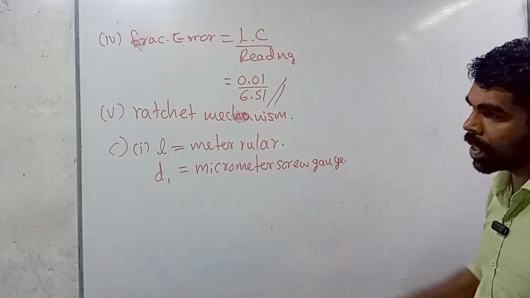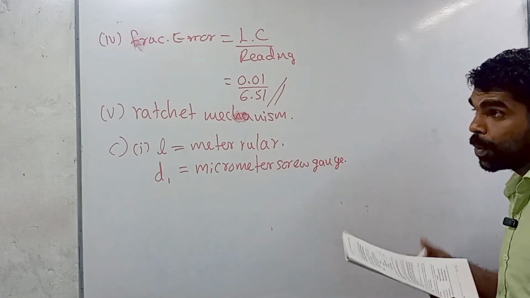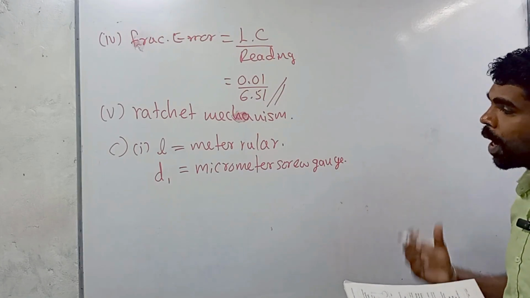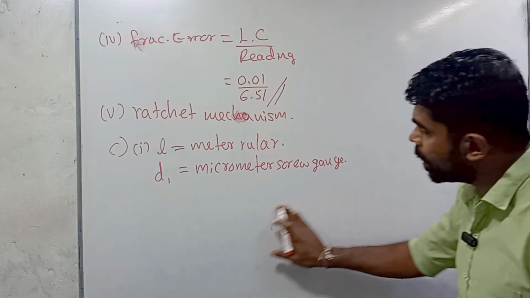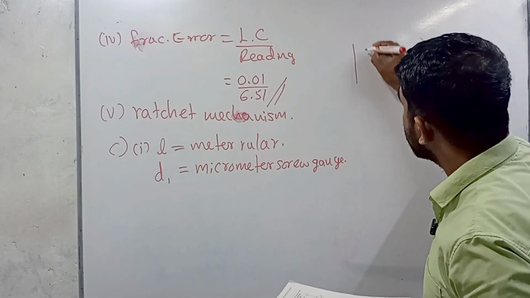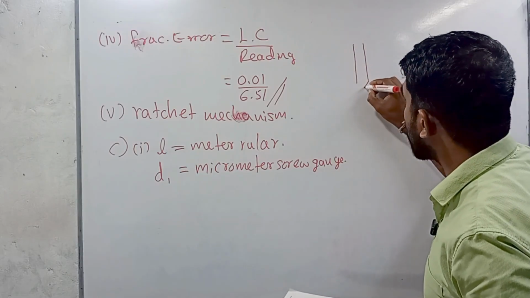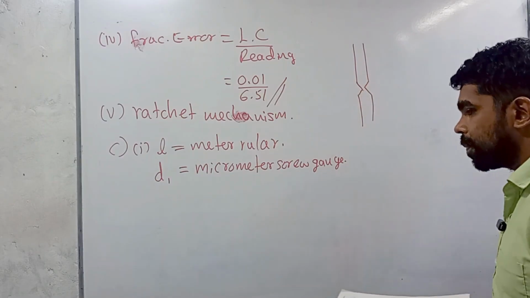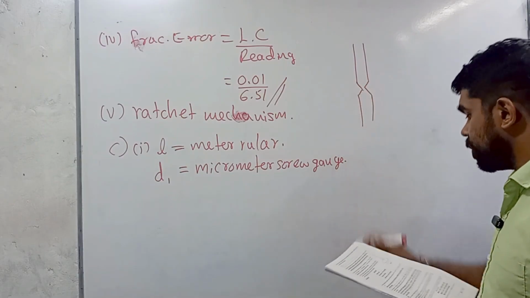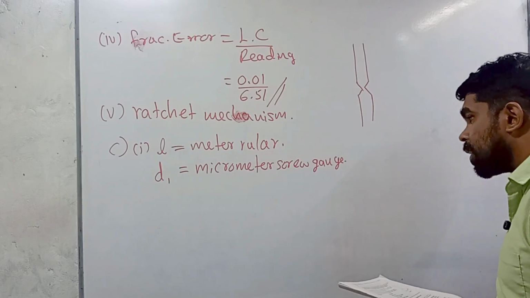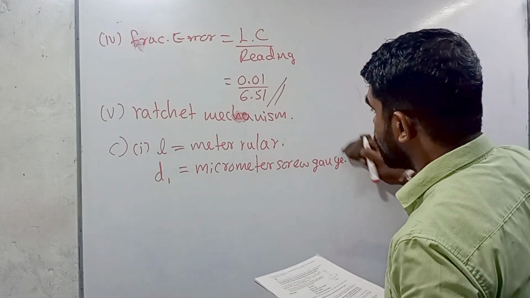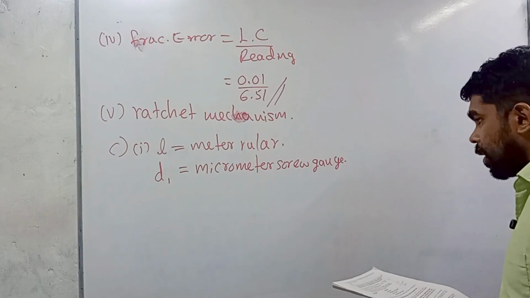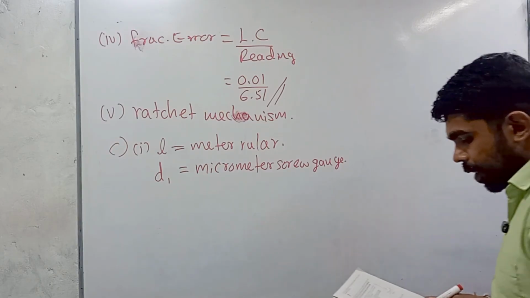There is a low percentage error for the micrometer screw gauge because there is a small least count, and there is another benefit. If you are using a measuring instrument like a vernier caliper, the shape of the wire will change like this when using external jaws to measure the diameter. Therefore, the correct instrument is the micrometer screw gauge.